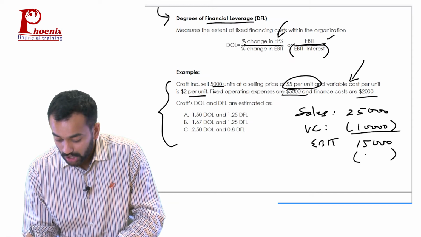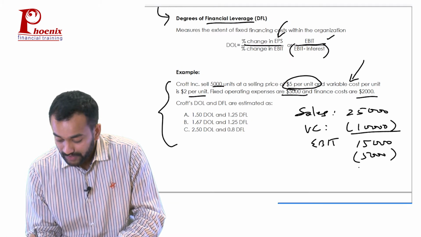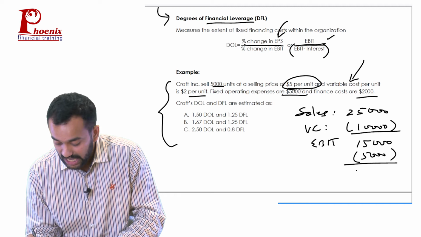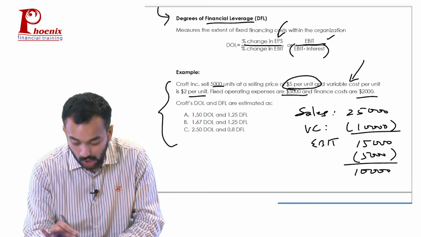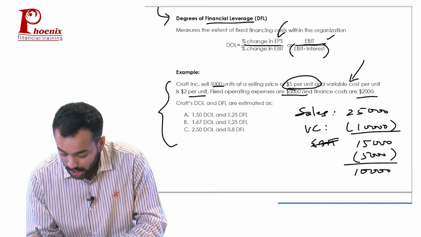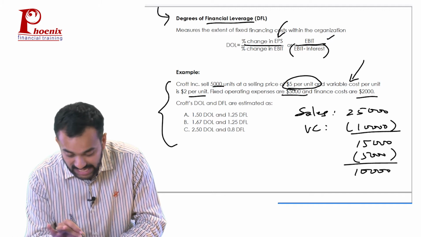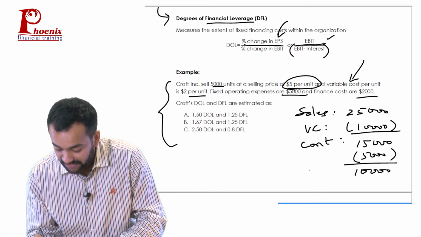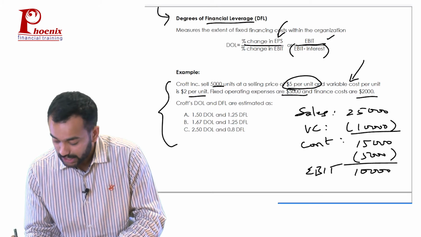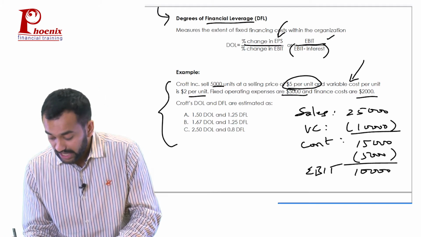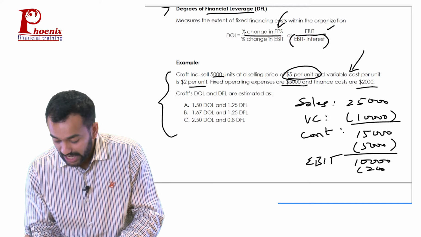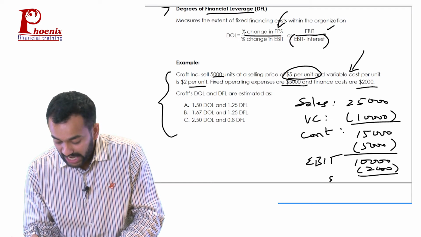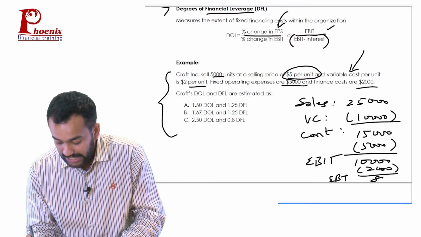Let's knock off the fixed cost of 5,000, which gives us the earnings before interest and tax of 10,000. The only other item we need to knock off at this stage is the interest, and we get our earnings before tax as 8,000.